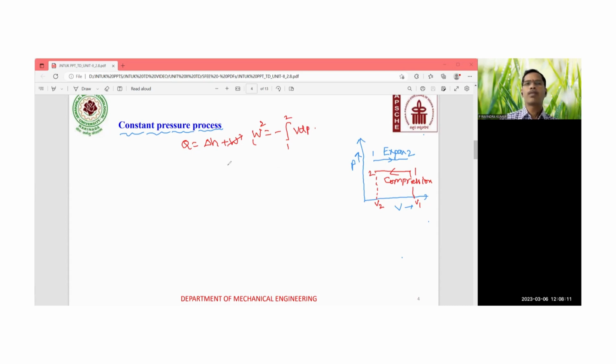So in a constant pressure process, the example for this one is the boiler. In a steam boiler, water is entering and steam is leaving the system, so there is some flow rate and energy interactions taking place.